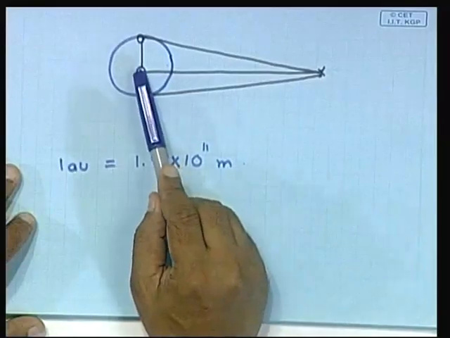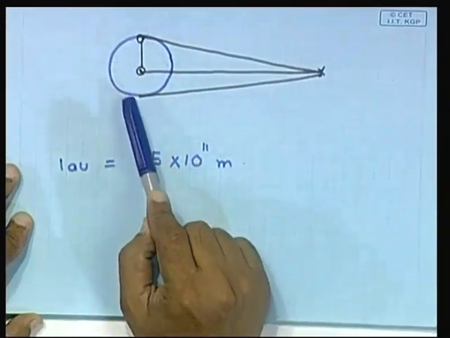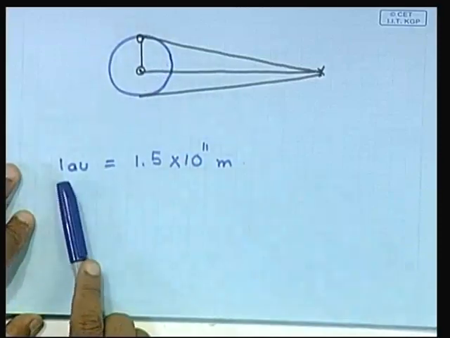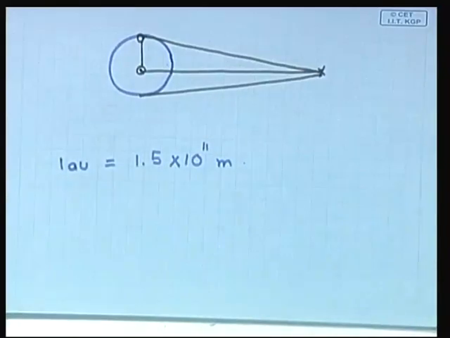This picture here illustrates the parallax method. This is the Sun. The Earth is going around the Sun in a nearly circular orbit, the radius of which is 1.5 times 10 to the power 11 meters, 1 astronomical unit. Now, consider a star over here.